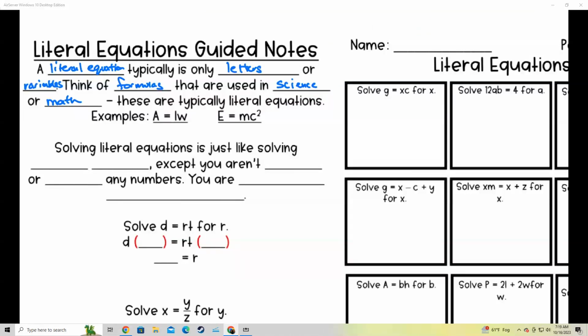Solving literal equations is just like solving regular equations, except that you aren't eliminating or simplifying any numbers.